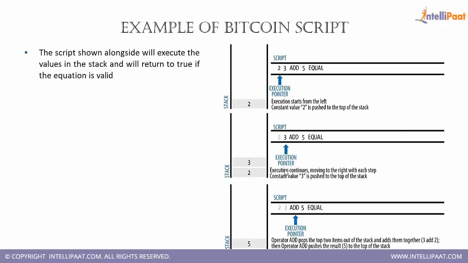Then constant value 3 is pushed on top of the stack. Then it validates the operator: add pops the two top items out of the stack, which are 2 and 3, and adds them together, which gives 5. The operator add then pushes the result 5 to the top of the stack.